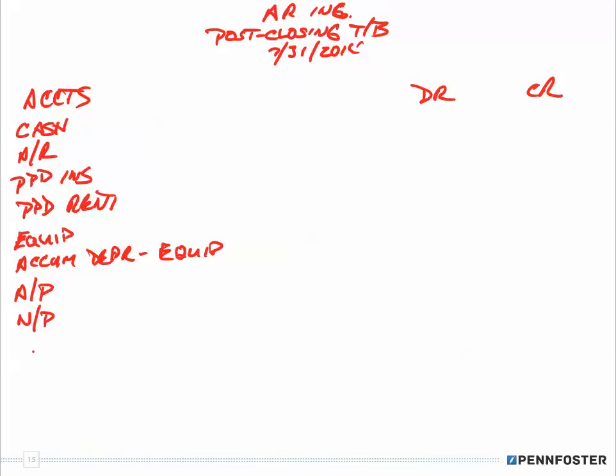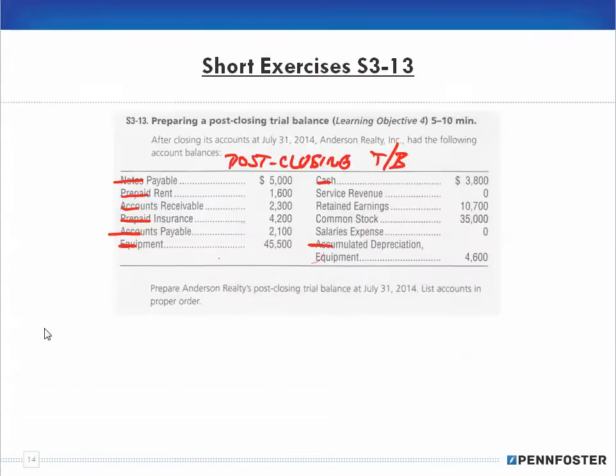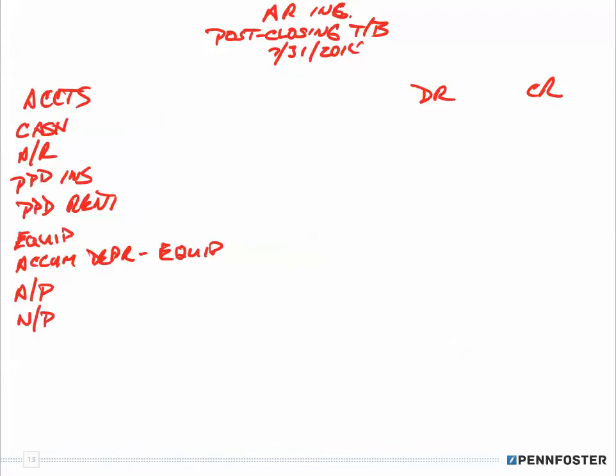It all depends upon what you have, but they get listed in order of time. For equity, we have common stock and retained earnings, and I don't have a dividend account, so common stock and then retained earnings.